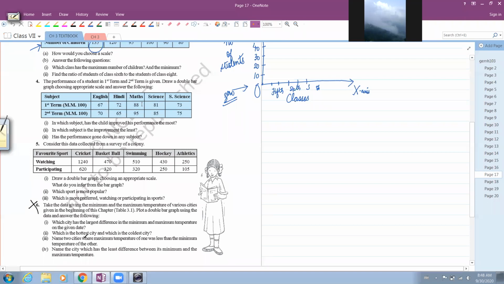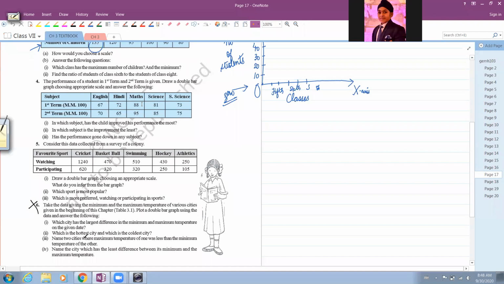So, उसके लिए जब हम बार ग्राफ ड्रॉ करेंगे तो इंग्लिश के लिए भी 2 रेक्टेंगल्स बनेंगे, हिंदी के लिए भी 2 रेक्टेंगल्स बनेंगे, मैथ के लिए भी 2 रेक्टेंगल्स बनेंगे, सेम फॉर साइंस एंड एसएसटी. तो जब हम एक चीज के लिए 2 रेक्टेंगल्स बनाएंगे तो उसका हम बोलते हैं डबल बार ग्राफ.